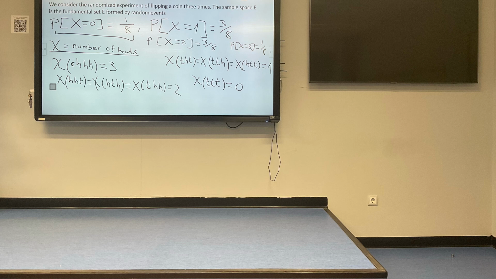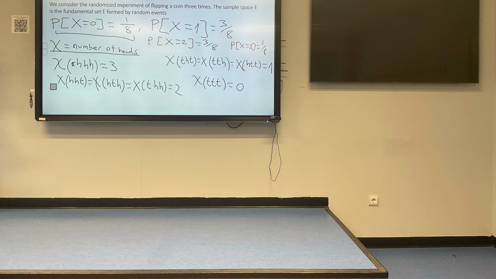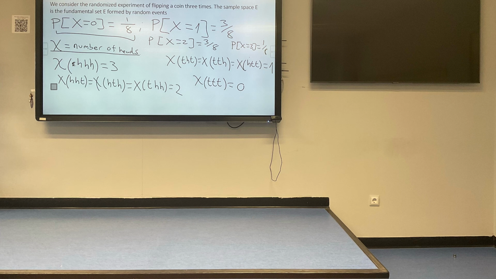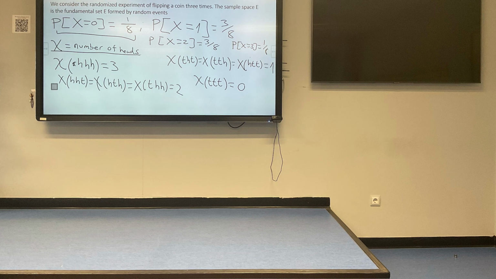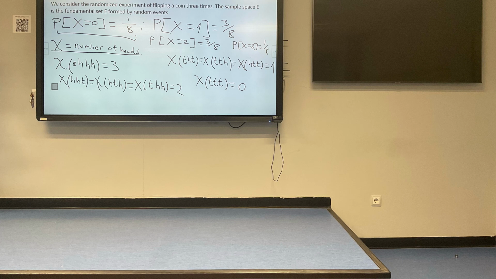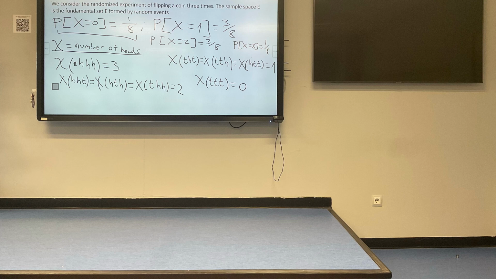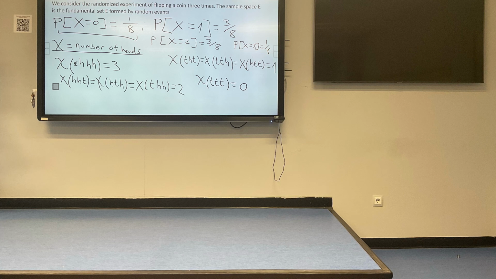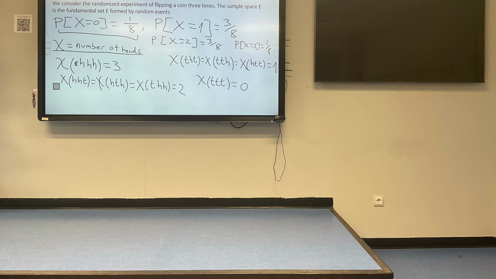Now I will define the random variable X. I define my random variable to be the number of heads in this experiment. Then if I obtain 3 heads, what will be this number? 3.